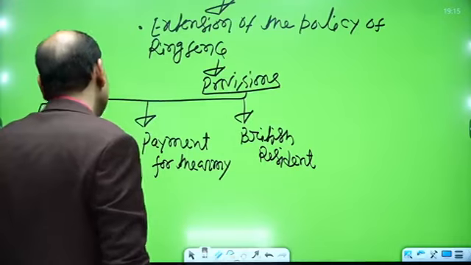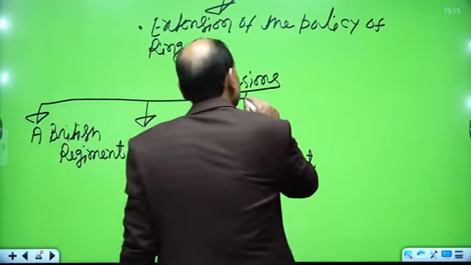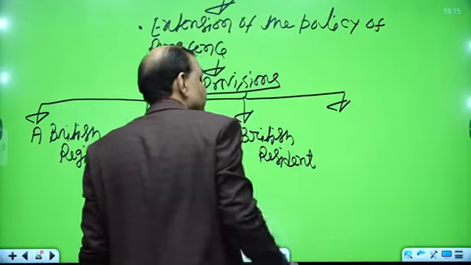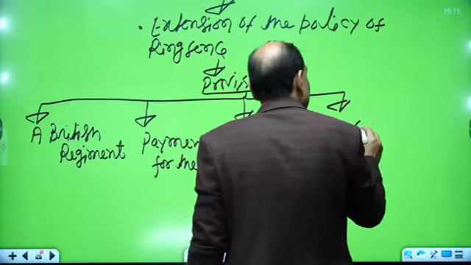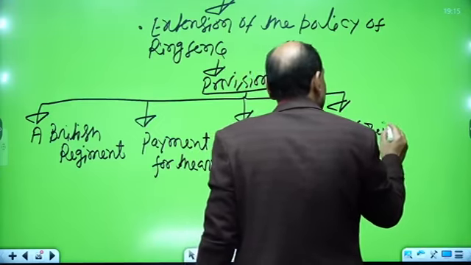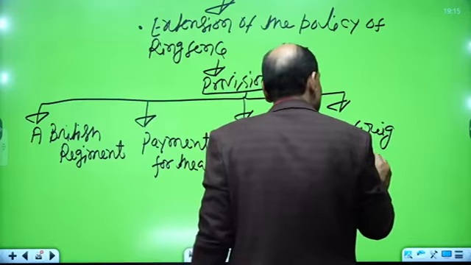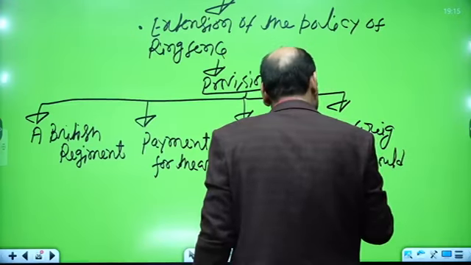A British regiment, payment for the army, a British resident, no foreigner could be allowed. Resident means political advisor. What is the difference between a regiment and a resident? A regiment is basically a military contingent, and a resident means a political advisor. So a British resident means the political advisor.